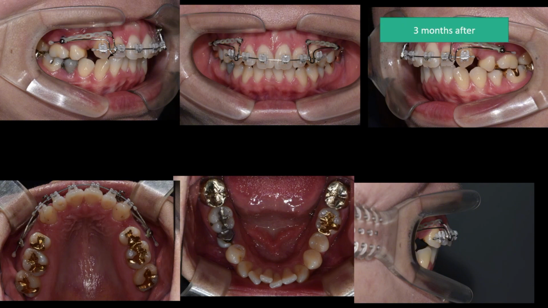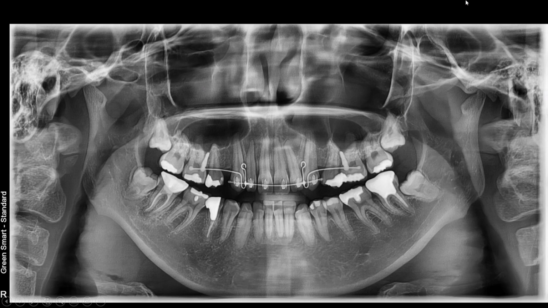Okay. Three months after, please evaluate the cuspid. If you apply the power chain force to the cuspid, tipping will happen instead of this kind of movement. Okay?